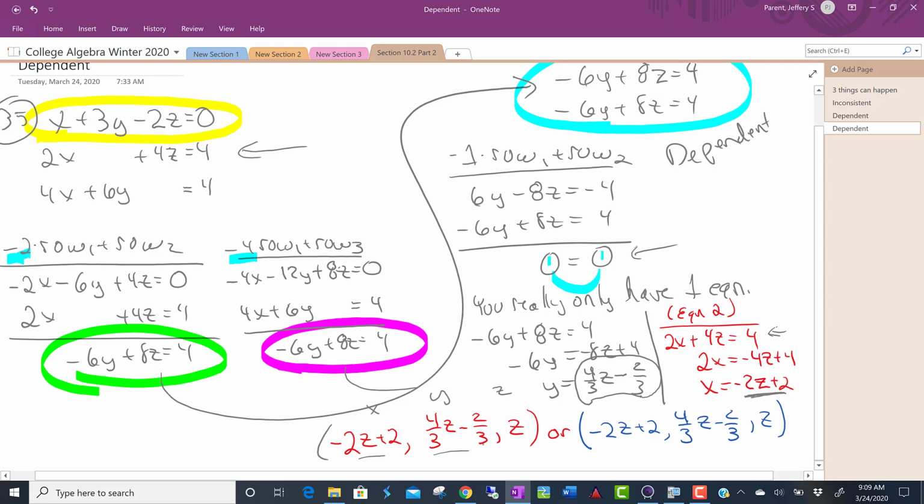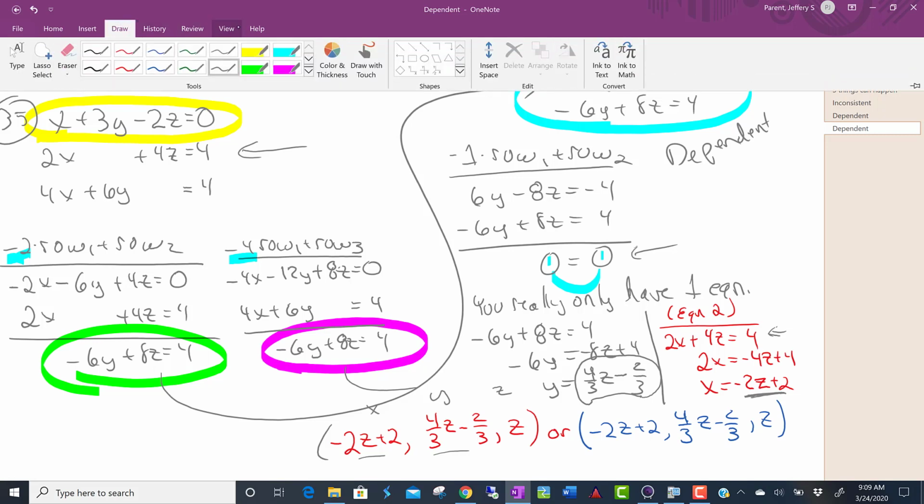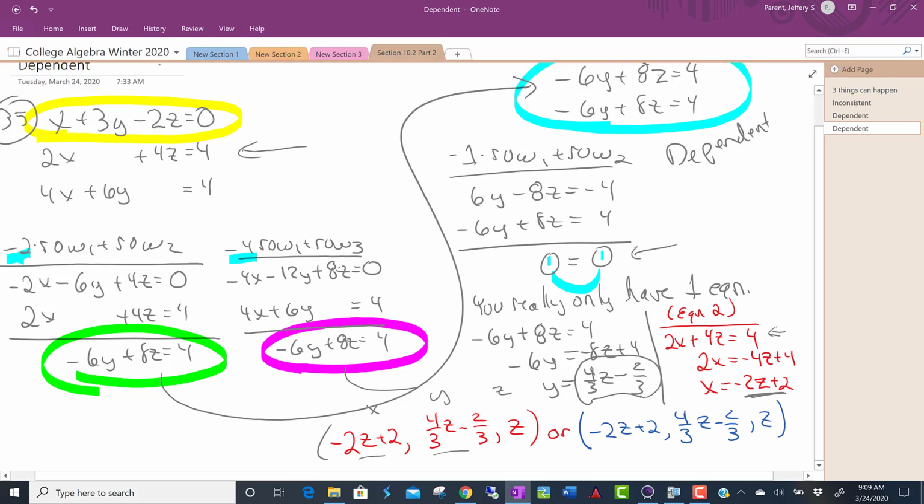Now, if the book wanted to, they could ask you to write this in terms of t's, and that's fine. Let's see if we can't do that. Rewrite this in terms of t's.